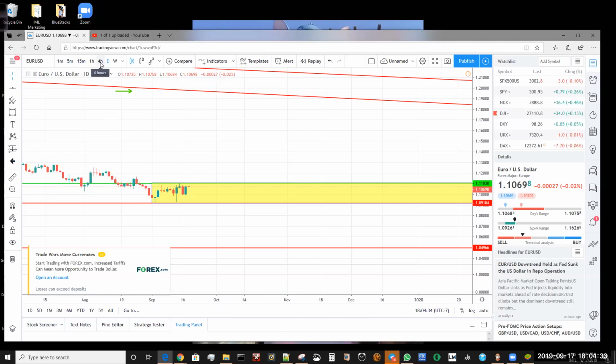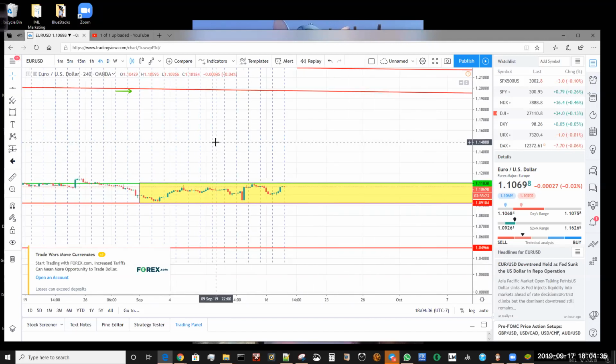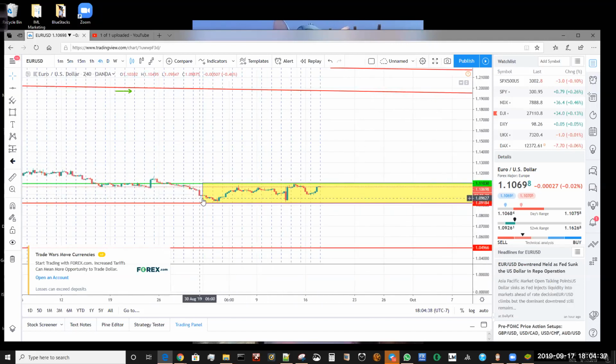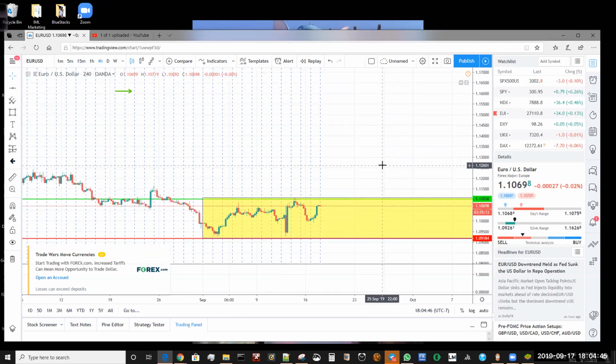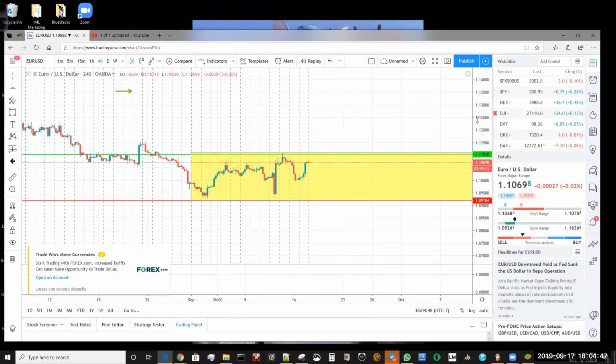Say the 4 hours. Let me compress this and make sure we're still okay. The 4 hour is there, and you can see price moving within consolidation. Again, consolidation is price equilibrium, high and low prices.